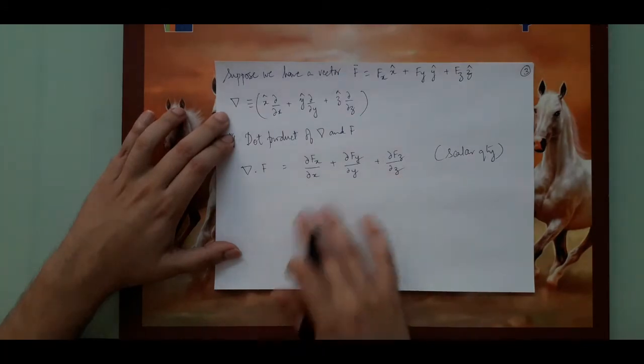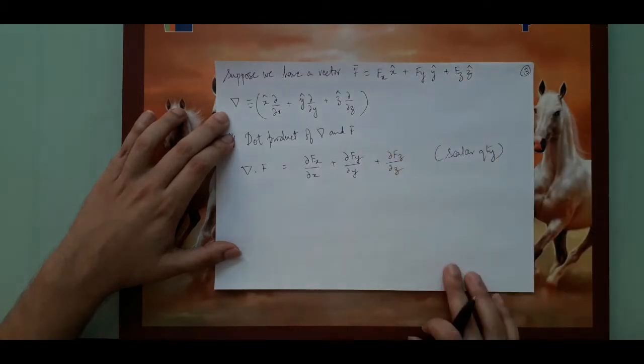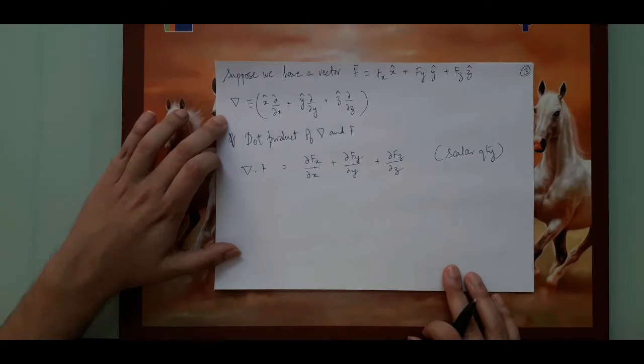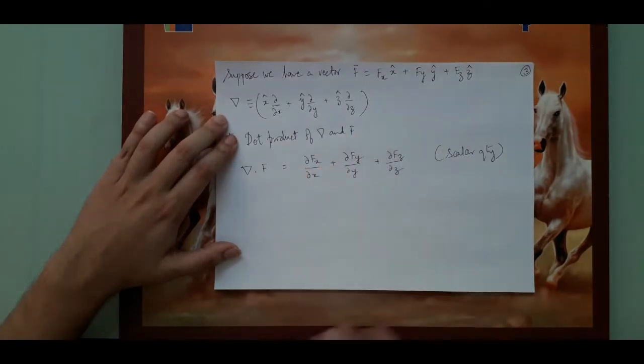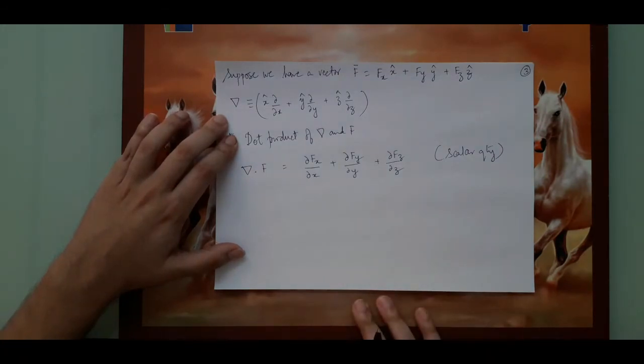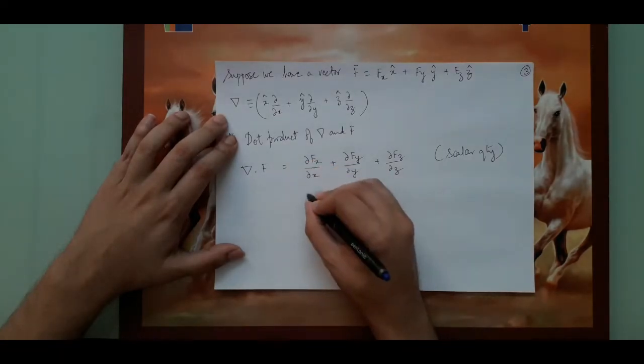And this scalar is nothing but the sum of the partial derivatives of the x, y and z components. So this quantity is not just some arbitrary mathematical quantity. There is a name for this. This quantity is called divergence.